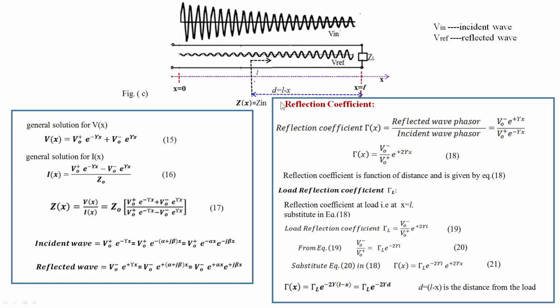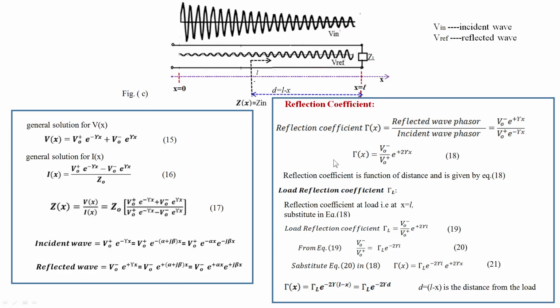From the load, at what distance we are measuring the reflection coefficient, so it is L minus x here. The total length is L, and we moved a distance x from the source point to this point. From here to here is x, and from here to here is L. So the distance from the load at which we are measuring becomes L minus x.